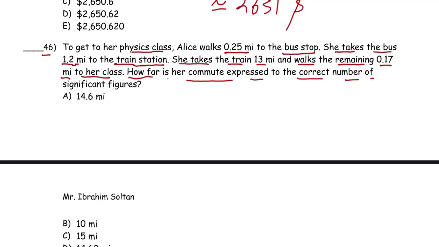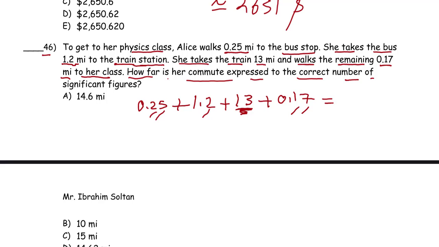Let's make addition. At the beginning, 0.25 mile plus 1.2 miles plus 13 miles plus 0.17 mile. As you see, this number doesn't have any decimal place. Here we have 2, here we have 1, here we have 2.